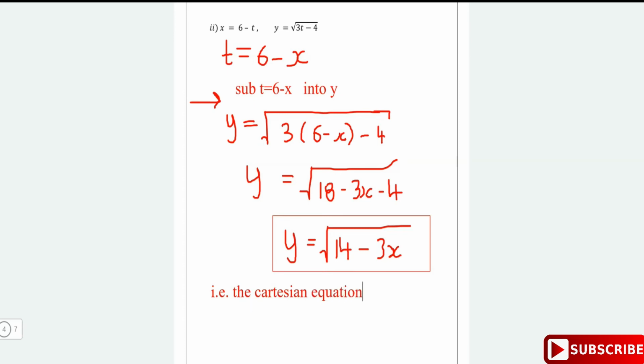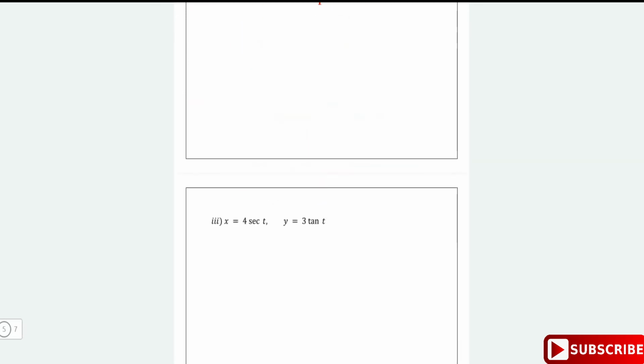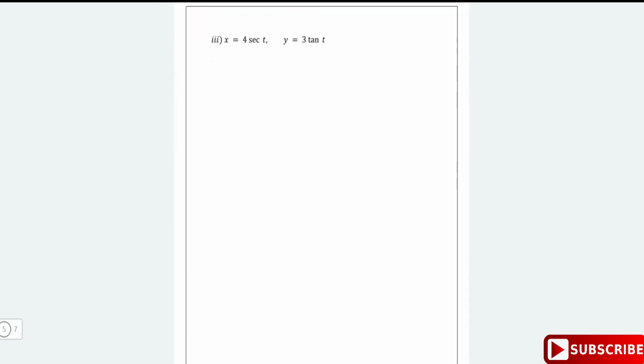So let's go ahead now and go again. This one now says x is equal to 4 sec t and y is equal to 3 tan t. Now we have to remember an identity from trigonometry.